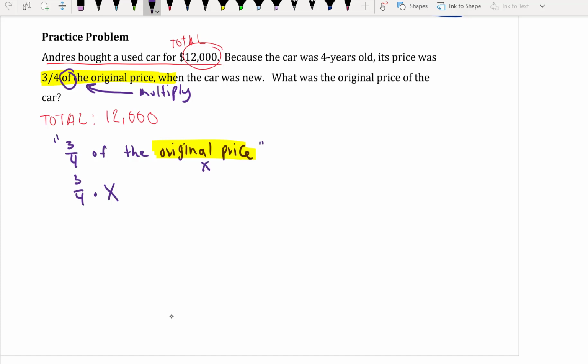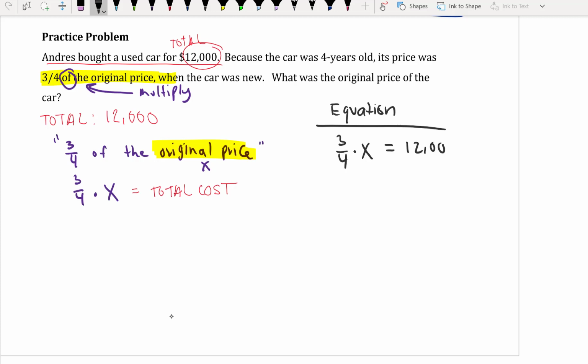So we know that 3/4 of the original price should equal the amount that he paid. But we know the total cost. So I know that my equation is going to be 3/4 of the original cost is equal to my total cost, which is $12,000. So x is going to represent my original cost.